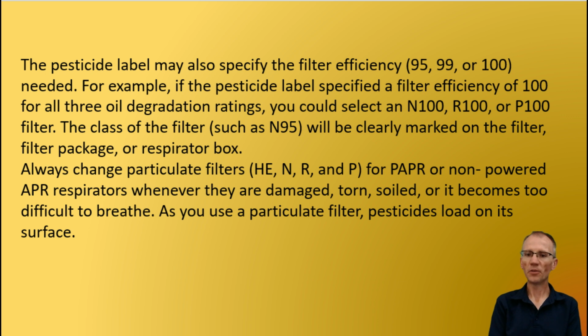The class of the filter, such as N95, will be clearly marked on the filter package or respirator box. Always change particulate filters (HE, N, R, and P) for a PAPR or non-powered APR respirators whenever they are damaged, torn, soiled, or it becomes too difficult to breathe.